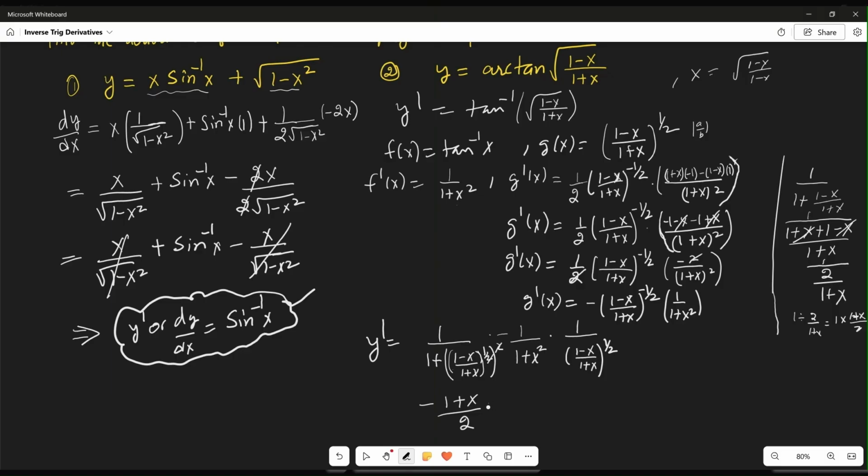Times, and look at me making mistakes here. This is whole expression 1 plus x square. So I'm like, something is missing out. I'm not doing something correct.